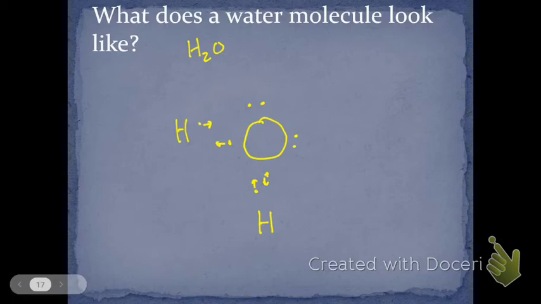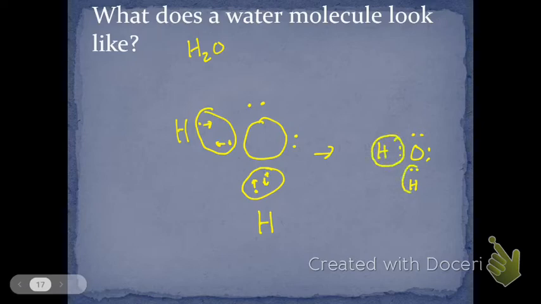Remember, hydrogen only needs 2 to be stable, because it has only 1 energy level, and in the first energy level you only need 2 electrons. So ultimately oxygen will get 8, and they'll share a pair of electrons with each hydrogen. The hydrogen gets 2, which is stable, and then oxygen gets 8, which is what it needs.